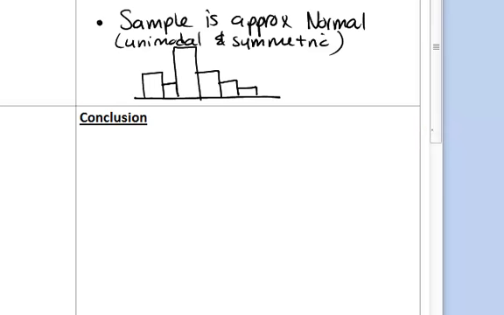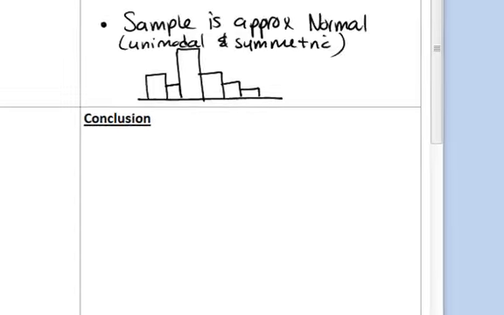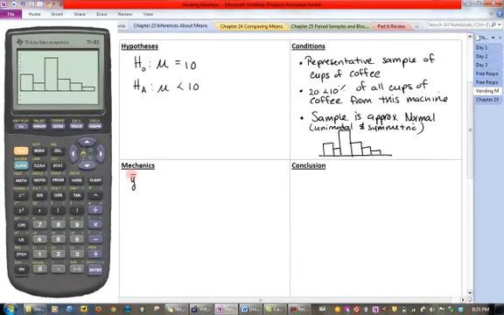Okay, so with this problem, in the mechanics section, we need to certainly have our sample mean. All right, and now we realize that we also have to have our sample standard deviation, because we're going to use that in our calculation for standard error.